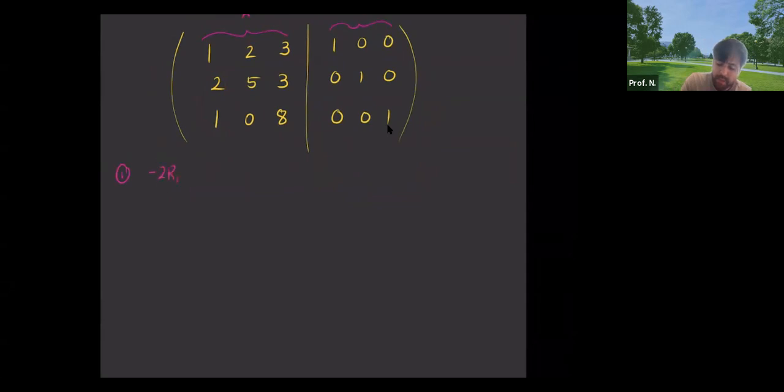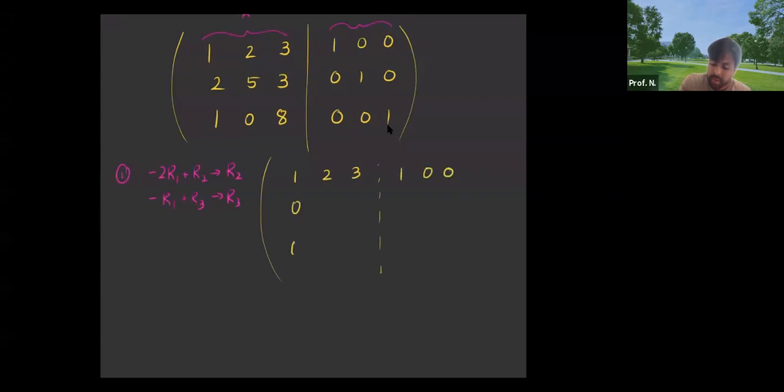Multiply row 1 by negative 2 and then add it to row 2. Make that my new row 2. And I can also do negative row 1 plus row 3 into row 3. So I'm going to do that in one step. So this becomes 1, 2, 3, and 1, 0, 0.